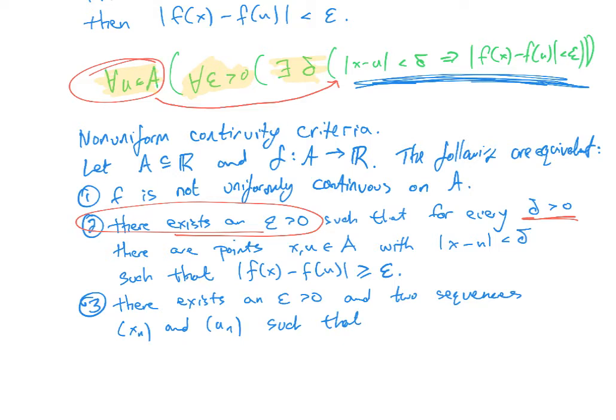Saying that the sequences get close together just means the limit of their difference goes to 0. So the distance between them, the absolute value of xn minus un, the limit of that is 0.